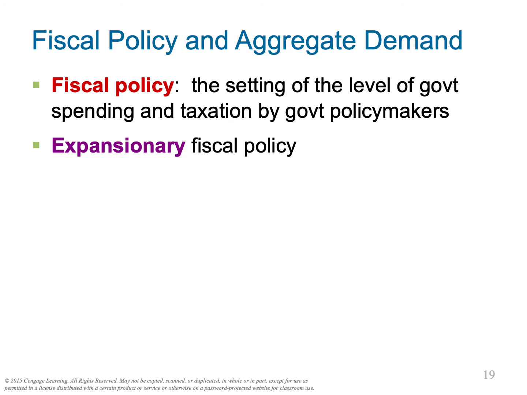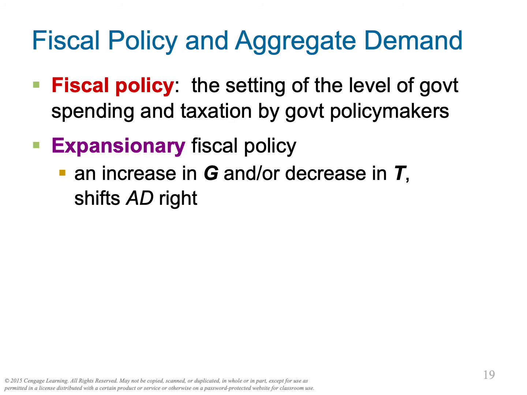But we also have these terms for fiscal policy. If the government wants to expand the economy, it can either increase government spending or it can decrease taxes, right? Because if it decreases taxes, people have more money to spend on consumption or investment. Or it can do both.